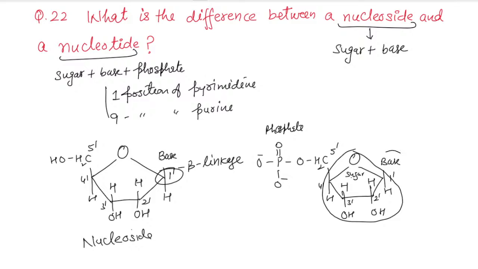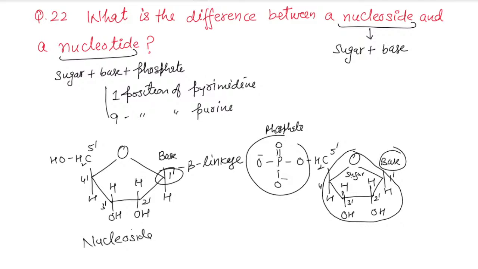They are obtained by the esterification of the C5-OH group of pentose sugar by phosphoric acid. Sugar plus base plus phosphoric acid. Very good.